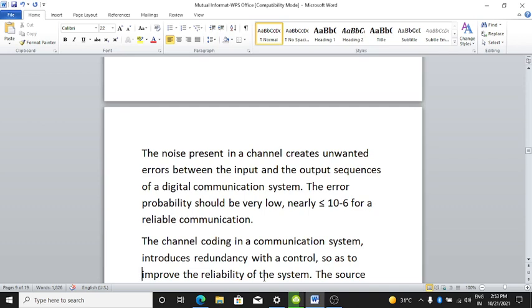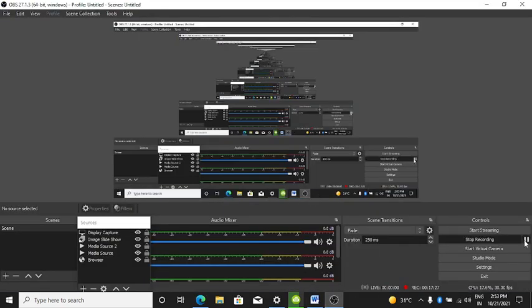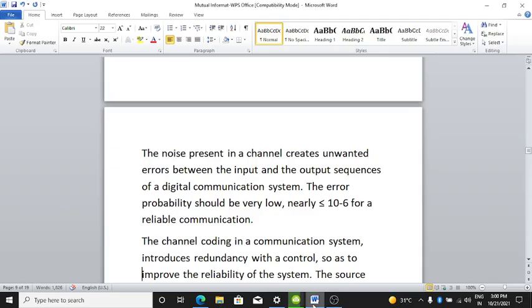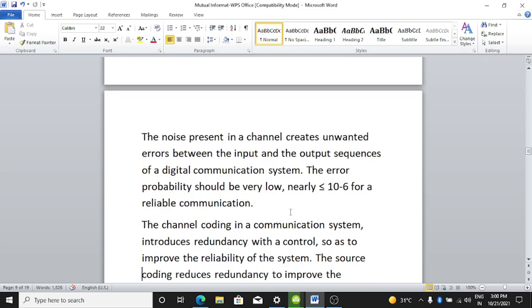The error probability should be very low, nearly less than or equal to 10 to the power minus 6, for reliable communication.